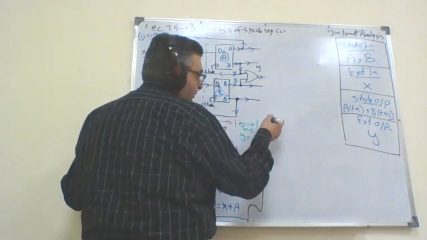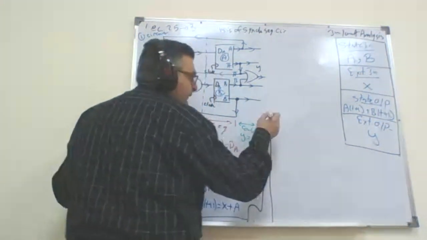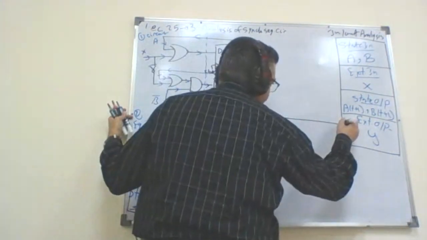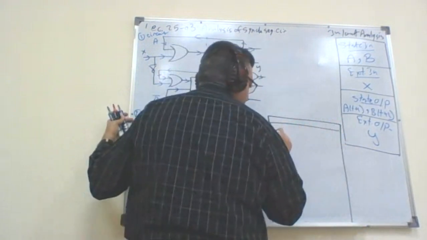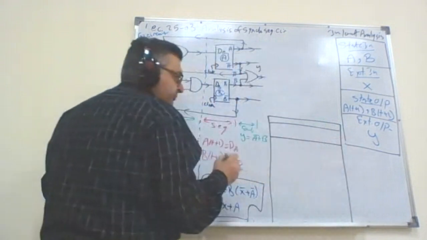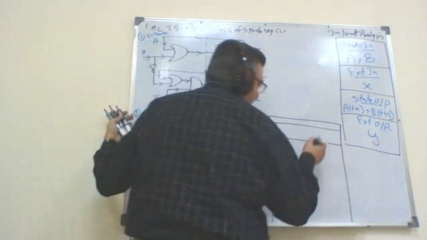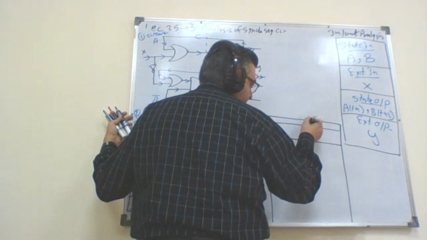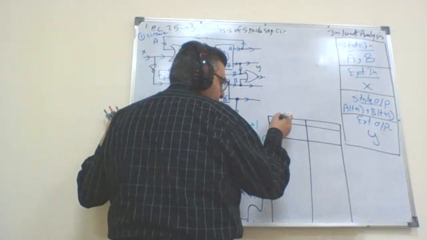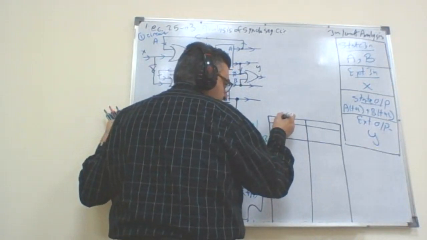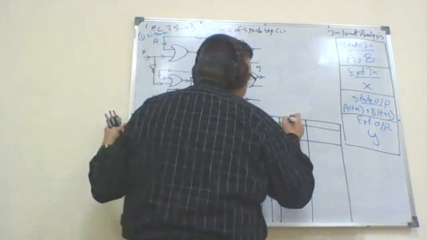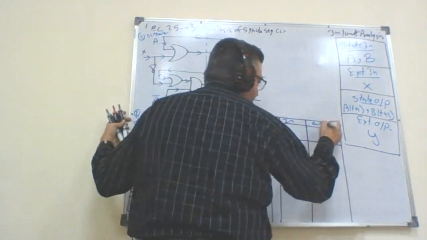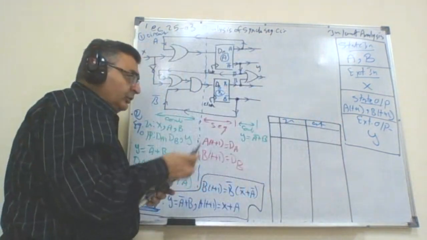So now I will build the table. I have inputs, I have outputs, and the inputs and outputs are two types.